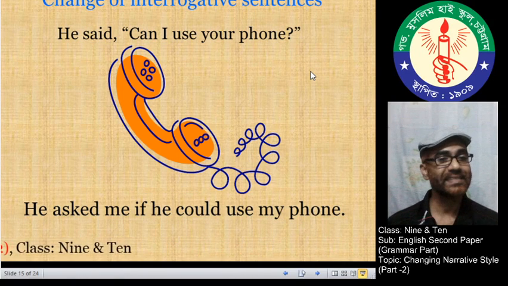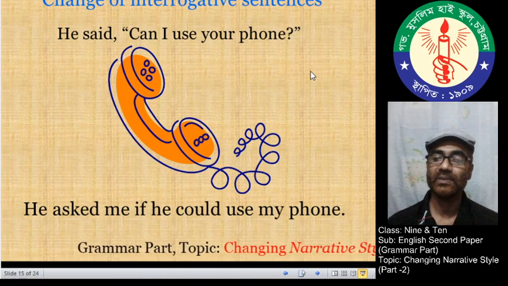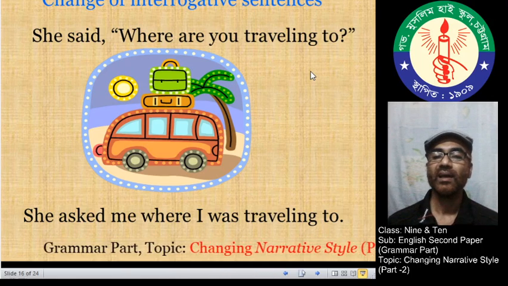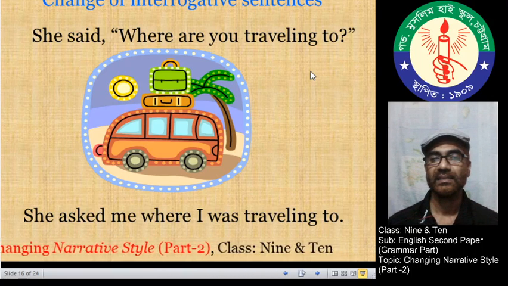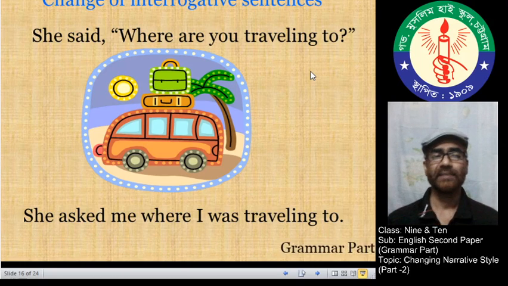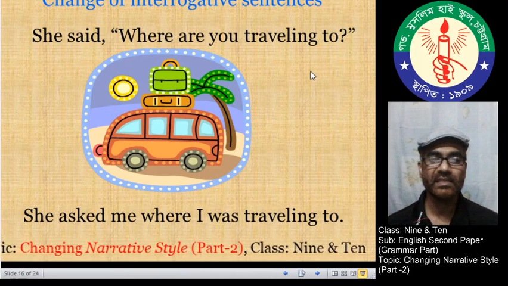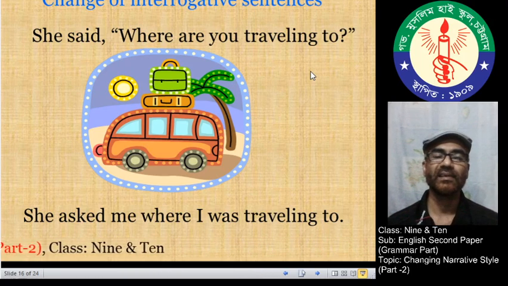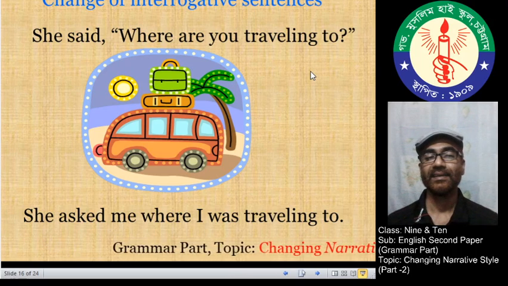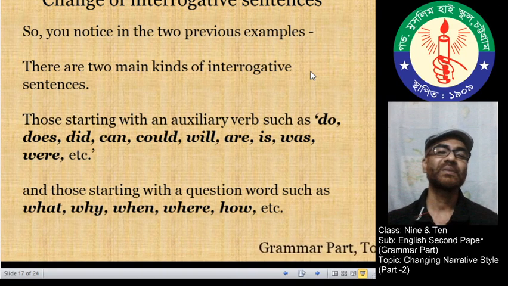Let's see the first one: "Can I use your phone?" "If he could use my phone." And here, "Where are you traveling to?" "Where I was traveling to." Much different from the previous one. Okay, let's see the examples' explanation in the coming slides. Also notice that here we use asked instead of said. So, change of interrogative sentences.